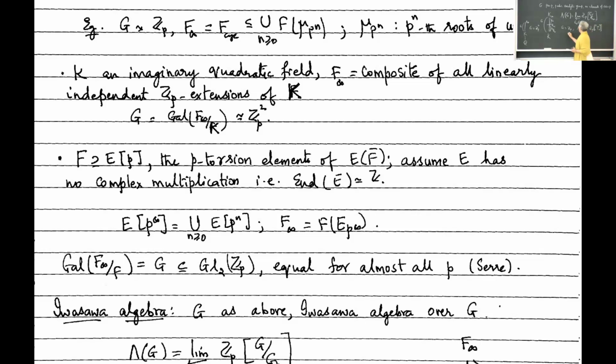And in general, when it is Zp to the d, then Lambda(G) is isomorphic to the power series ring in d variables. And so this is what I'll be using. So all these objects, this p-adic L-function, this characteristic power series, all of these will actually be elements of the corresponding Iwasawa algebras. Okay.